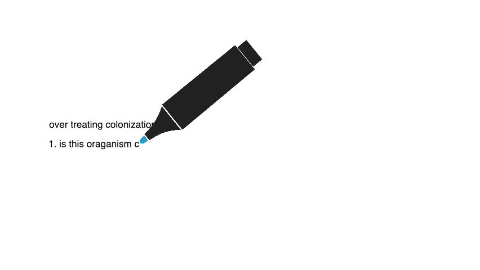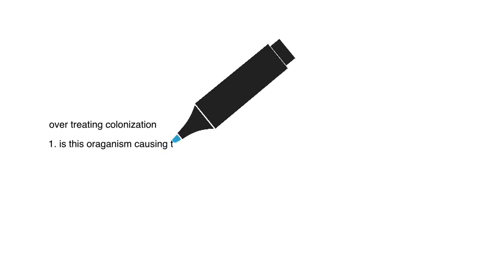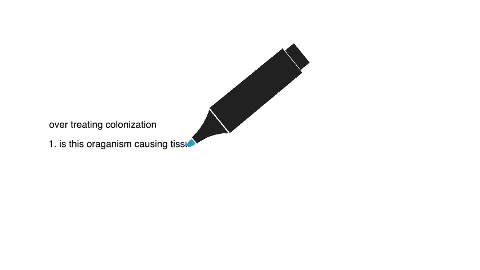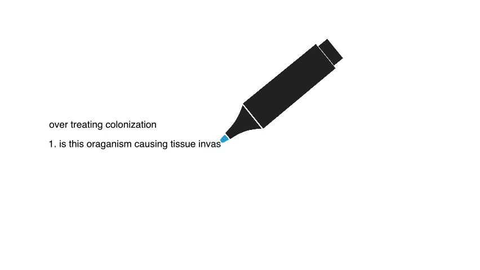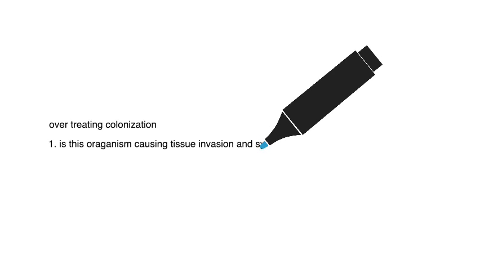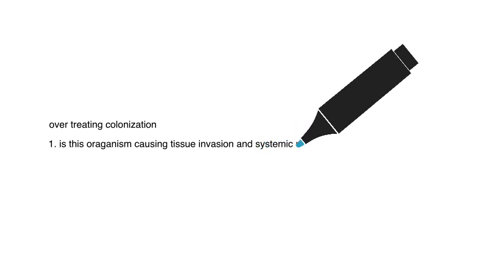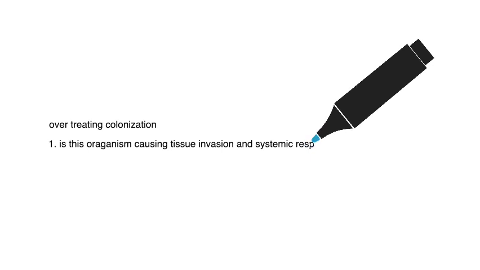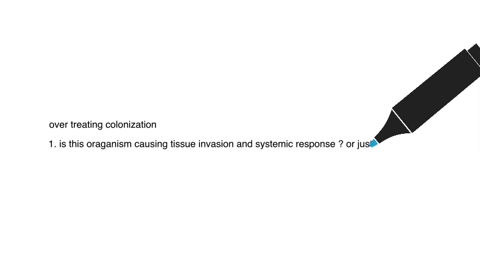So because of that we give antibiotics even for colonization. In all those conditions, ask yourself when you see the culture report whether this organism is causing tissue invasion and whether this organism is causing any systemic infection. If your response is no, then there is no need to give antibiotics just because the bacteria are hanging around in the area.